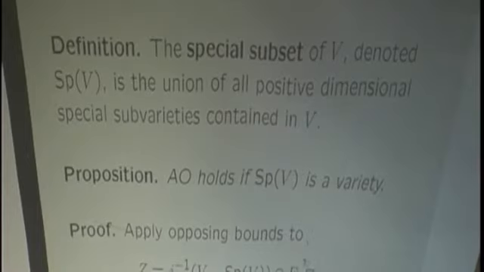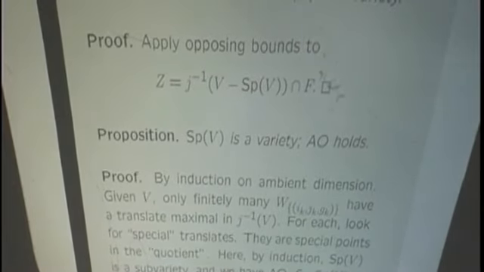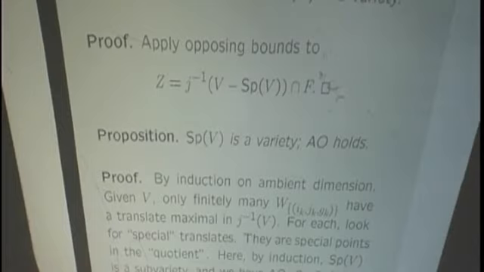There can only be finitely many points of large order of discriminant that don't lie in there. And then you prove inductively that the special subset is a variety by going to the quotient and looking at the special translates like that. So there's this inductive scheme.